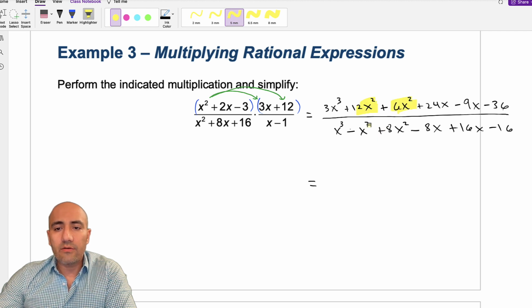And in the denominator, these two are like terms. And in the numerator, again, these two are like terms, and these two are like terms.